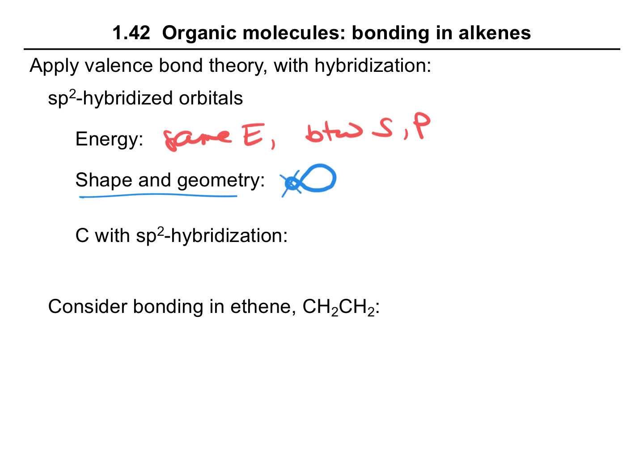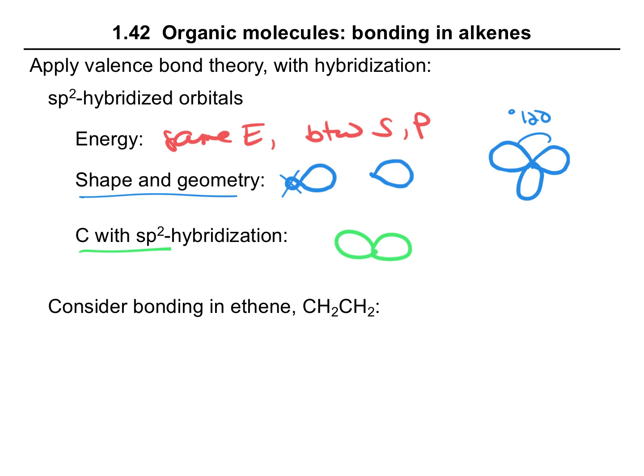And once again, we're going to ignore that little nub so that it looks something like this. And when we put them together, our 3 sp2 orbitals are all in the same plane, and there are angles of about 120 degrees.